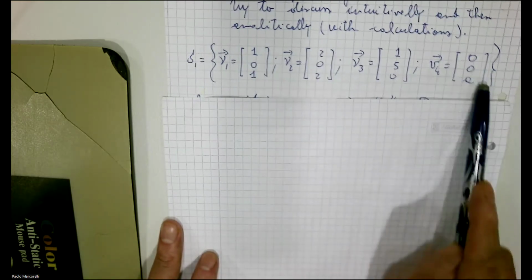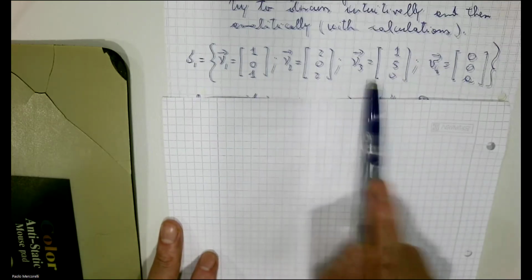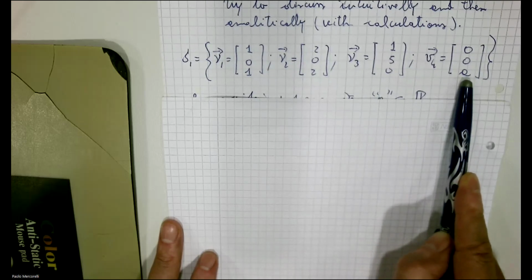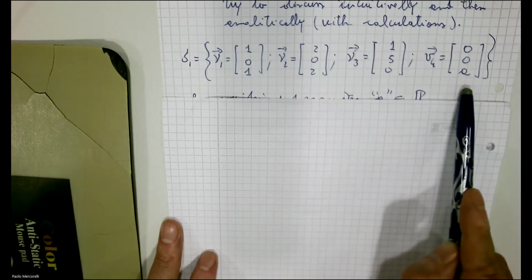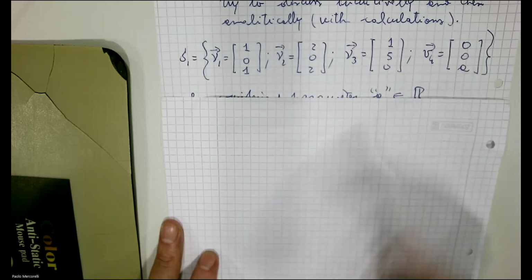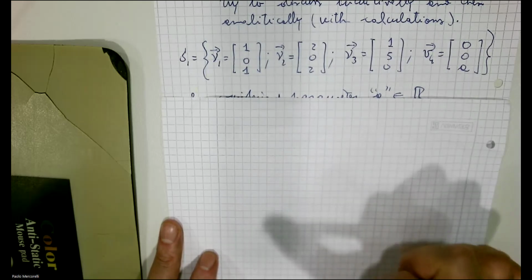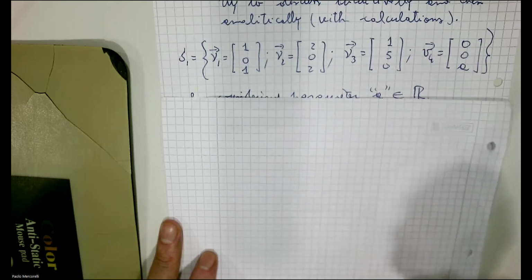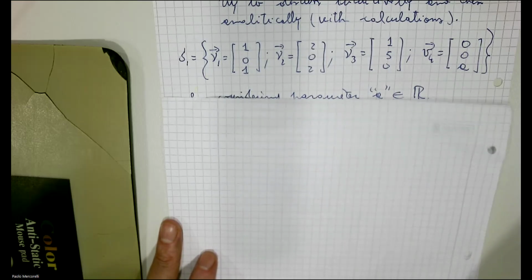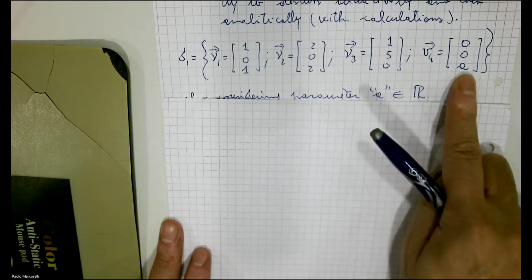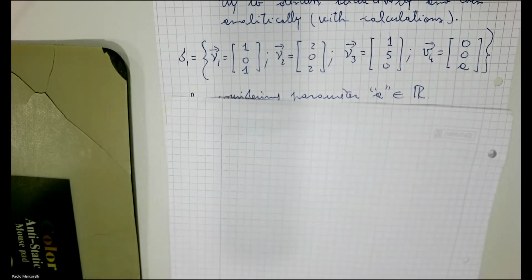We have 4 vectors, V1, V2, V3, V4, in dimension 3. You remember, the number of vectors is larger than the dimension of the space in which the vectors are defined. This means I'm expecting linearly dependent vectors if A is not 0; A equals 0 is a particular case we will discuss.